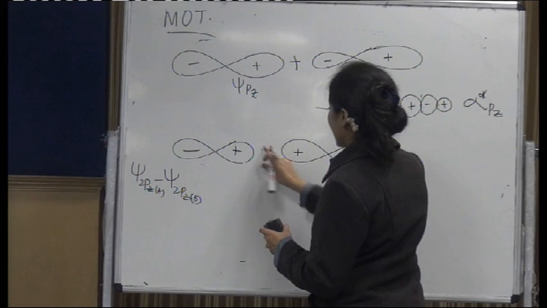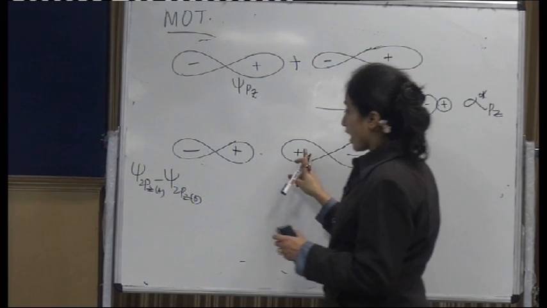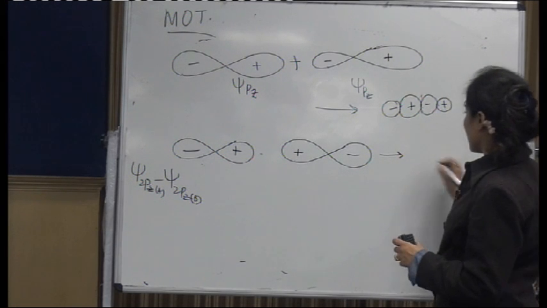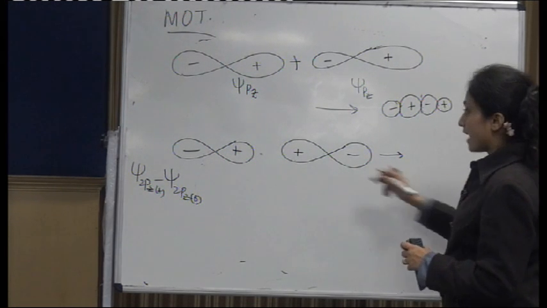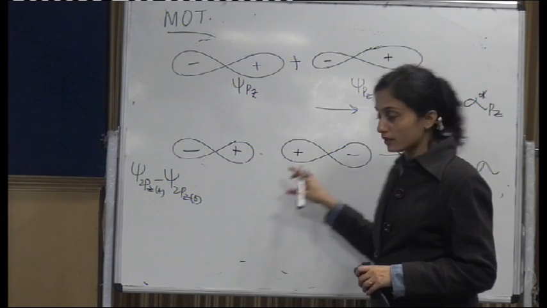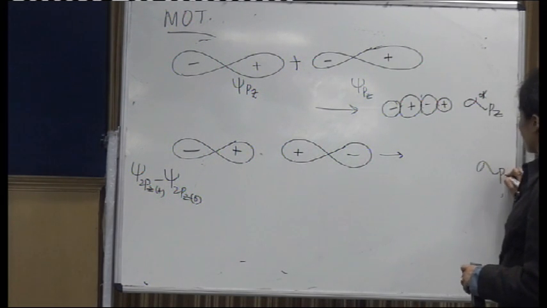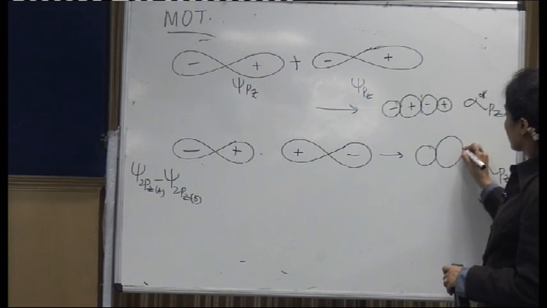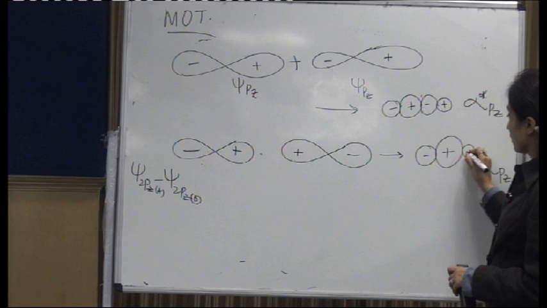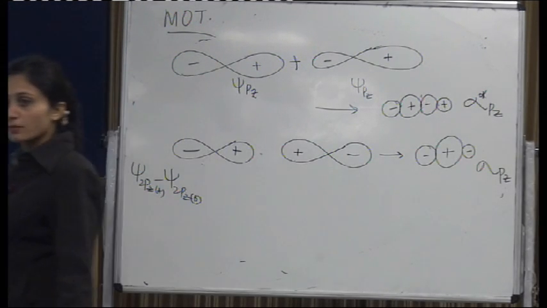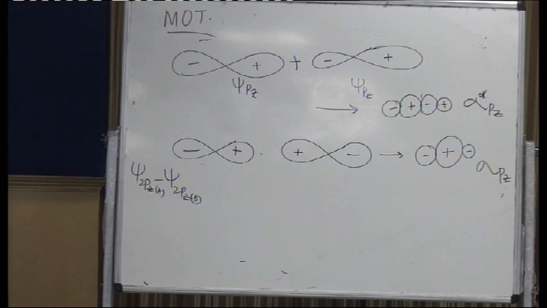This is your now negative linear combination, and you have the positive interacting with the positive. You know that PZ plus PZ is giving you a sigma, and you have the same signs now overlapping with one another, interacting with one another. So in this case you will have a sigma PZ bonding, and your resultant molecular orbital will look something like negative, positive, negative. Okay? As simple as that. There was hardly anything to understand in this.